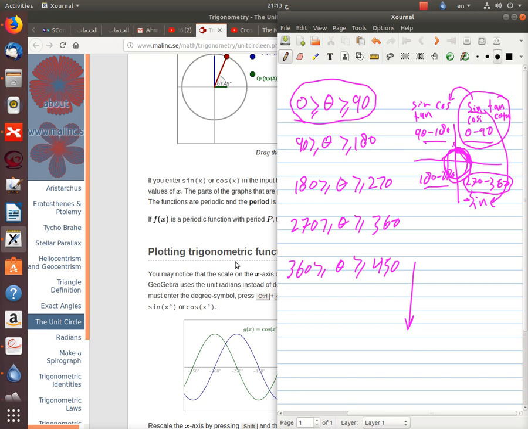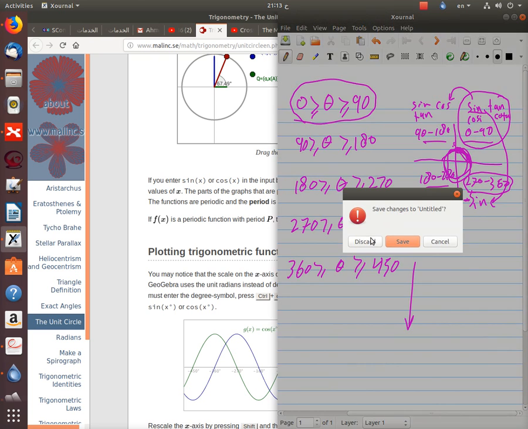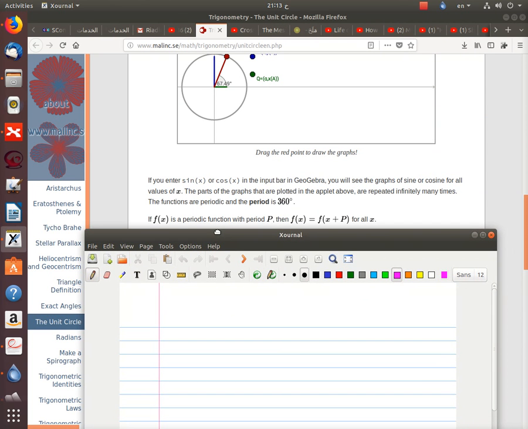So this is what he's trying to say here. As you can see, a periodic function with period p. If we have f of x and period p, p means which quarter: is it the first quarter, the second, the third? If f of x is a periodic function with period p, then f of x equals f of x plus p. What do I mean by that?